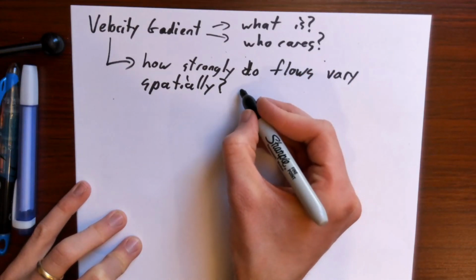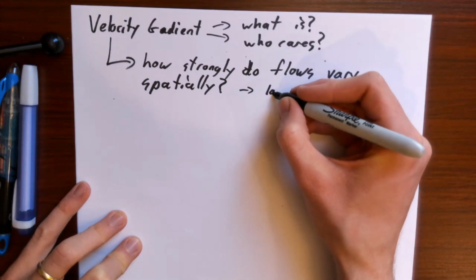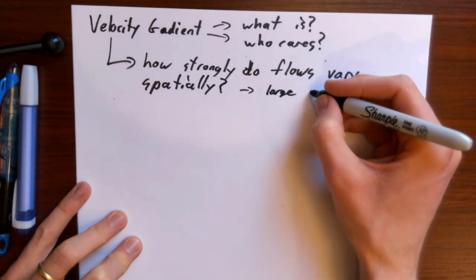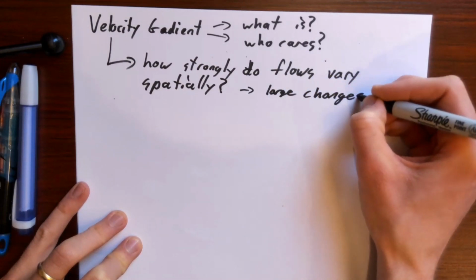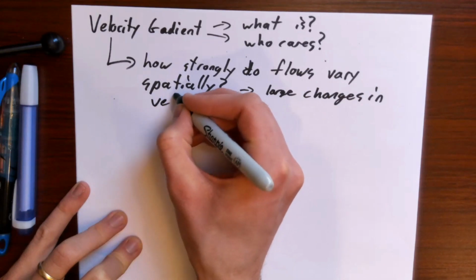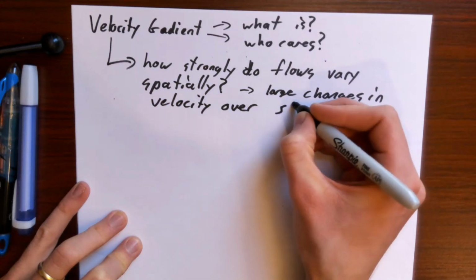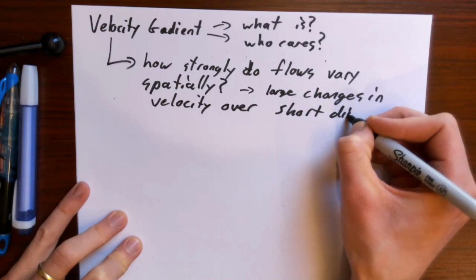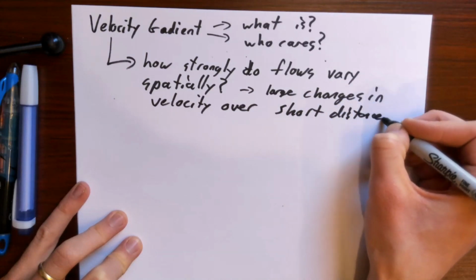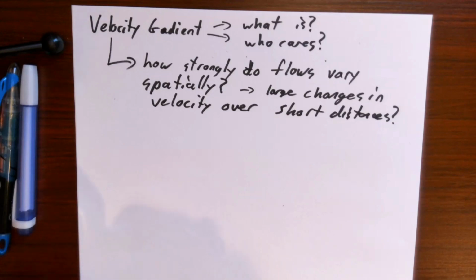I.e., do we get large changes in velocity over short distances?